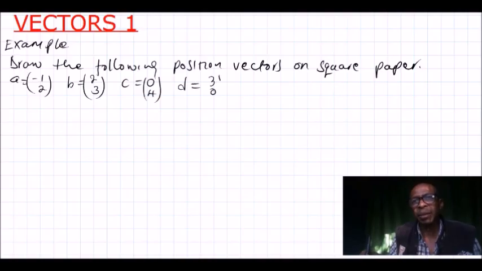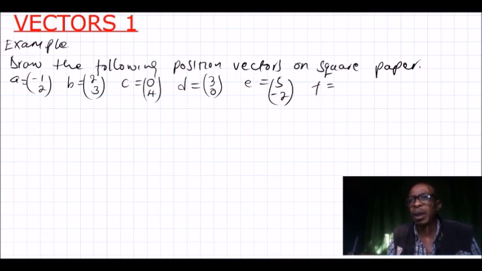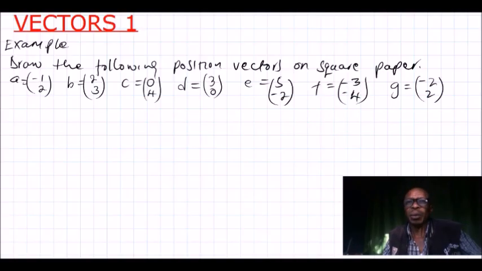We have E equals 5, minus 2. We have F equals minus 3, minus 4, and we have G equals minus 2, 2. I think those are enough, so we can handle those ones.